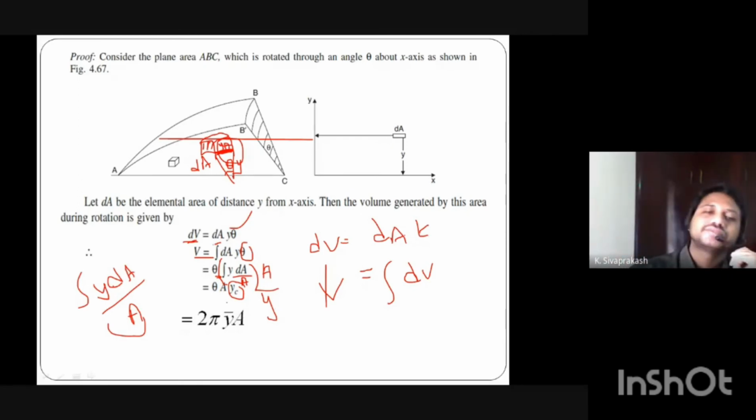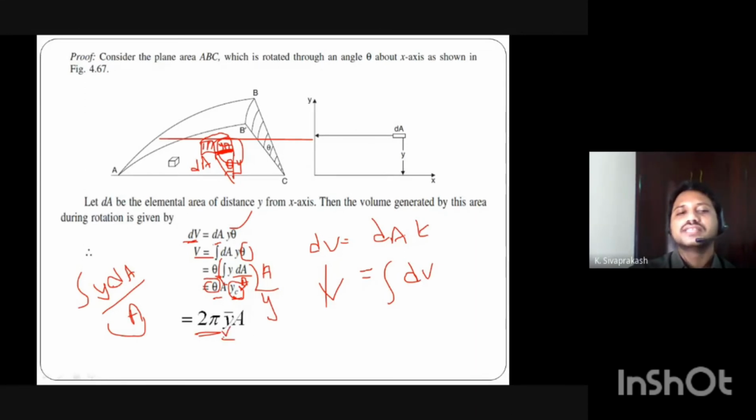Now in place of yc, write y bar, and theta is 2 pi. Why? Because for complete rotation it is 360 degrees. So in place of theta, you can substitute the 2 pi angle, that is the 360 degrees angle, and yc we have written as y bar, and A is there.